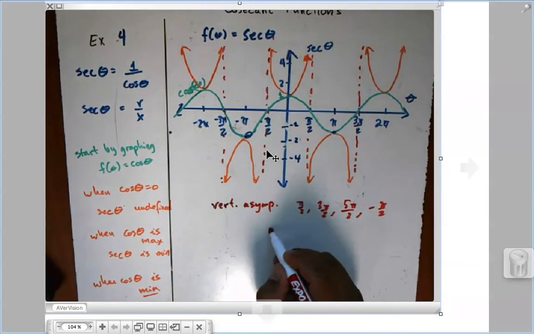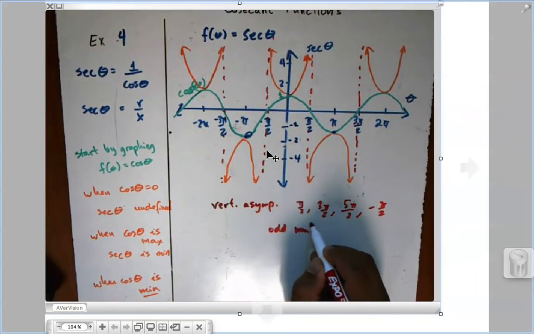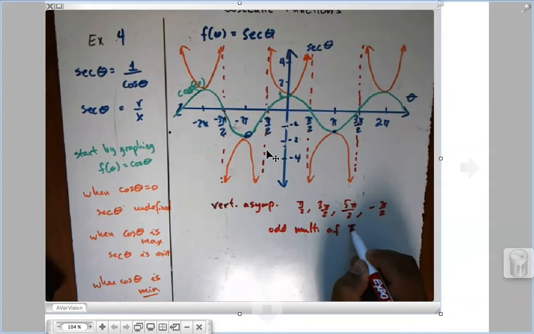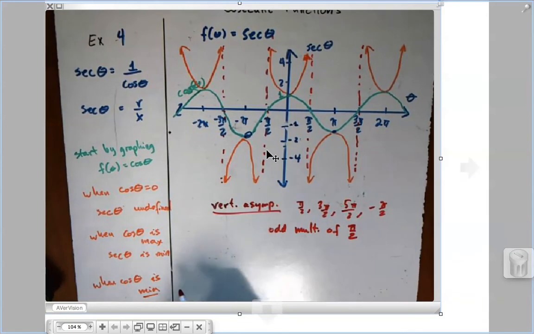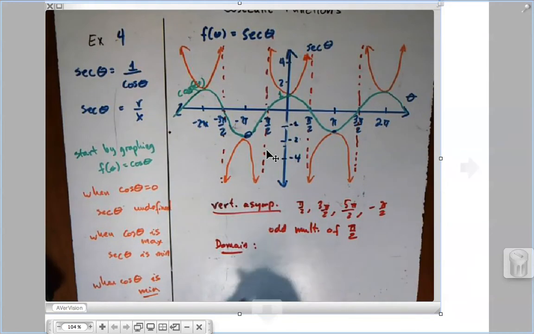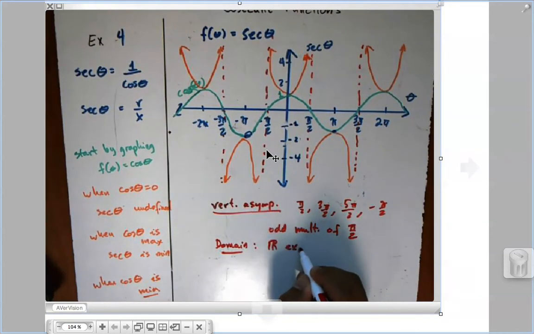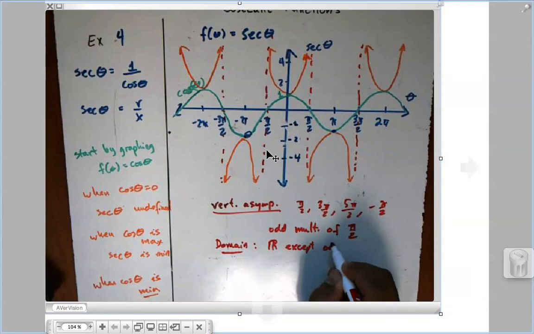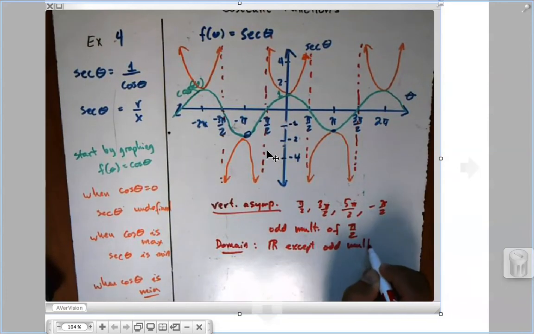So we can say that this is odd multiples of pi over 2. Okay. There are no horizontal asymptotes. We can say then that the domain, once again, is all real numbers except odd multiples of pi over 2.